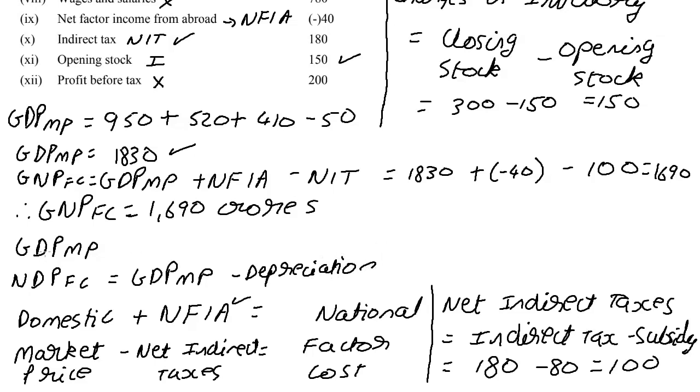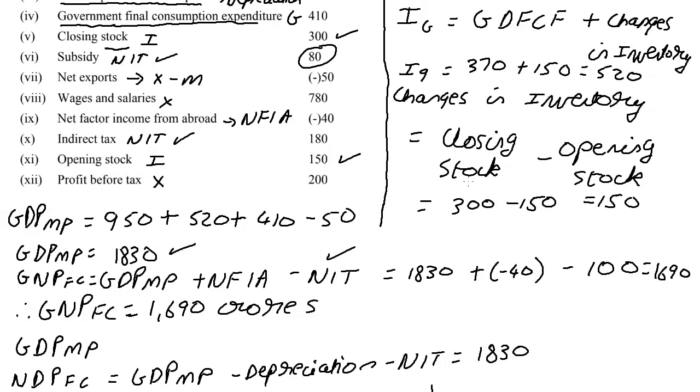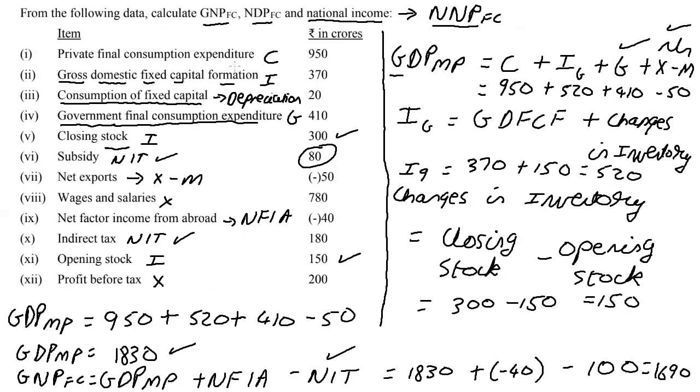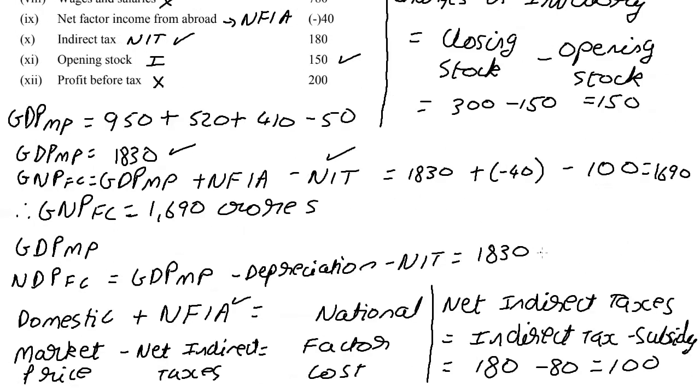Then domestic is the same. Market price to factor cost, we subtract net indirect taxes. So we are starting with 1830 crores. We subtract depreciation, which is 20, and then we subtract net indirect taxes, which is 100.